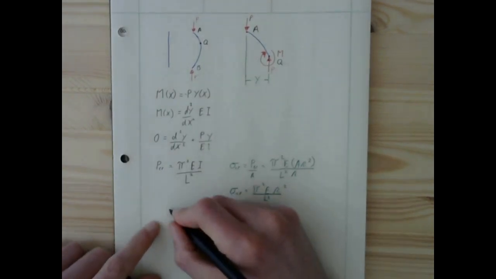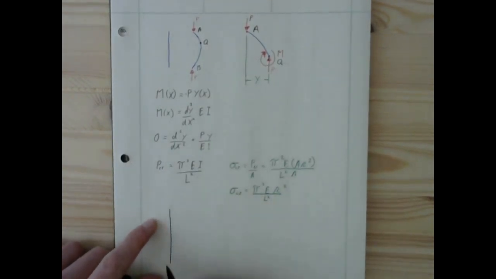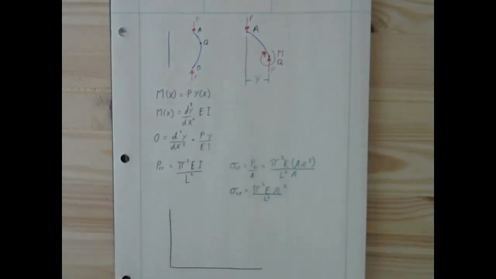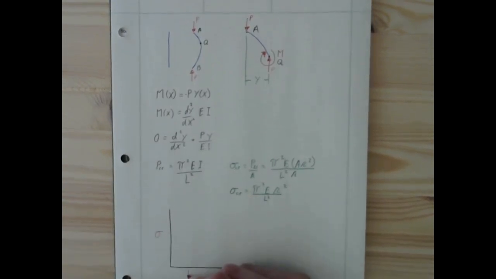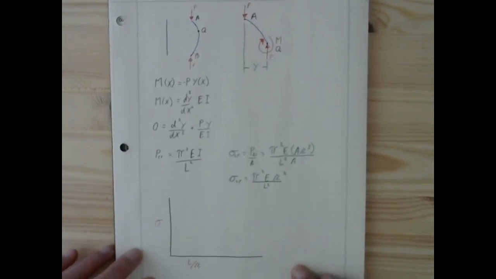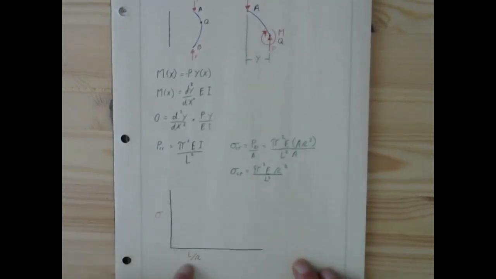When we're looking at our allowable stresses, now we have four things, and we're going to plot them. Let's plot them. We've got the stress, and then we've got L over R. That's the slenderness ratio, and it's what we use when we're sort of picking out columns.